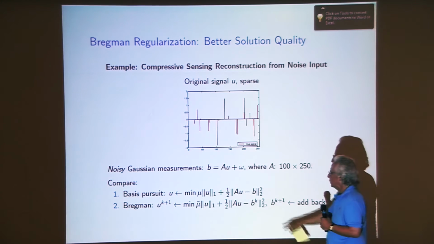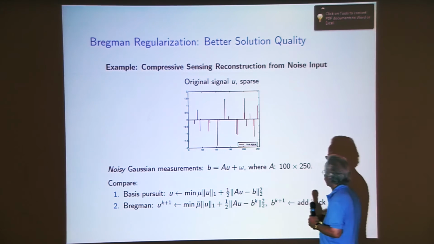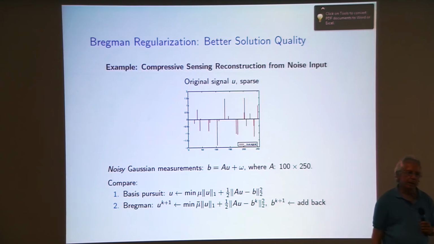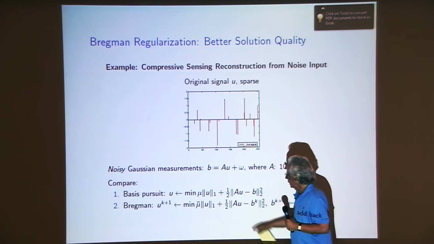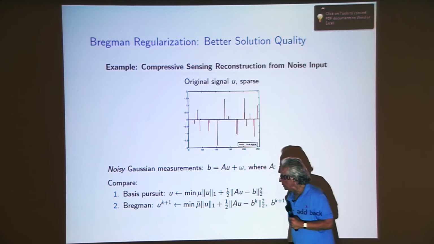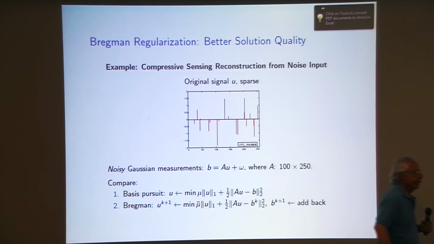Bregman says you take a sequence of these minimizers with b^k that you get from adding back the error. And in doing that, instead of solving the original problem, which is this minimizer, you actually land in a set for which Au equals b. Okay. And you get the L1 minimum such that Au equals b. That's what you get. That's the theorem.